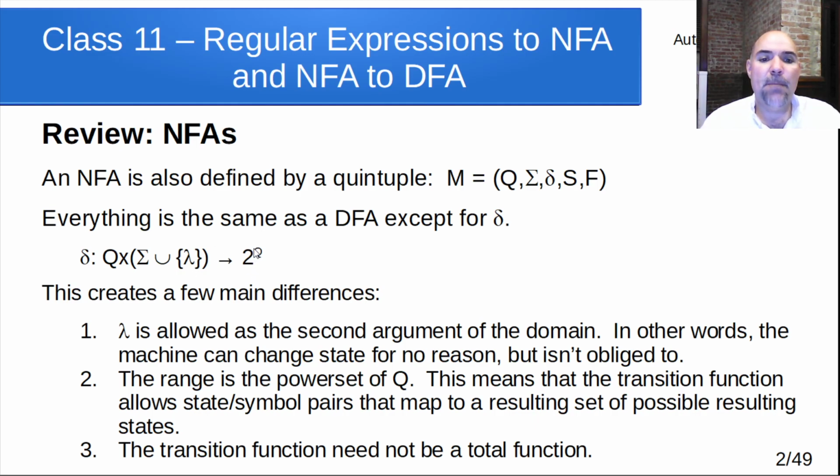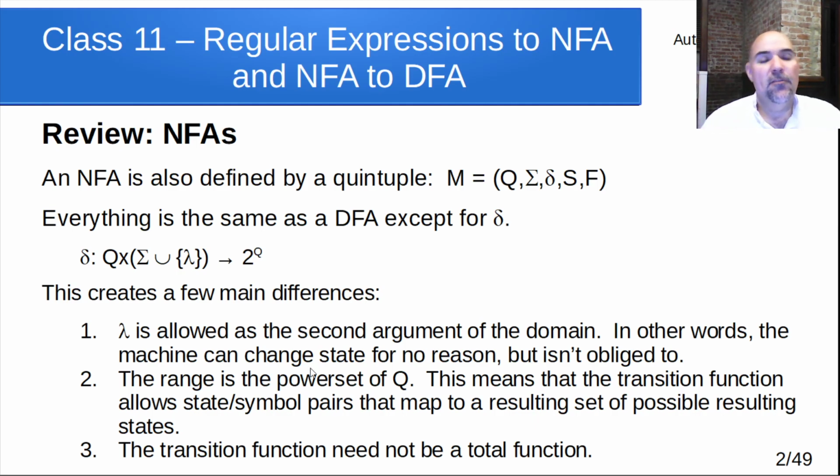And the other part maps to a set of possible states it could transition to, not to a single state. So in other words, the main differences are that lambda is allowed to cause a transition, and the transitions, when they happen, can go to more than one place given some symbol or lambda.